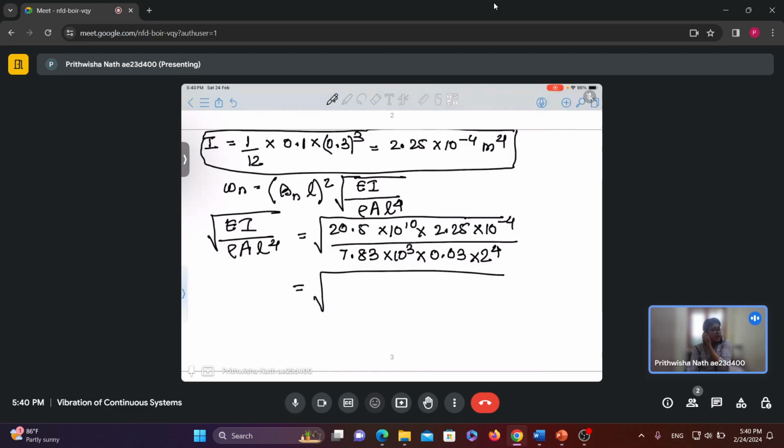So we are asked to calculate the first three natural frequencies for each case. Now for the first case, that is simply supported beam.